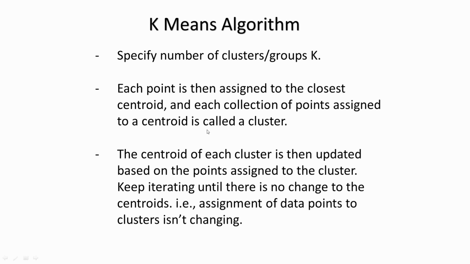Then we will find the mean of the groups, and we will reposition the centroid in the middle of each group. This process will be repeated again and again until the centroids are no longer moving.